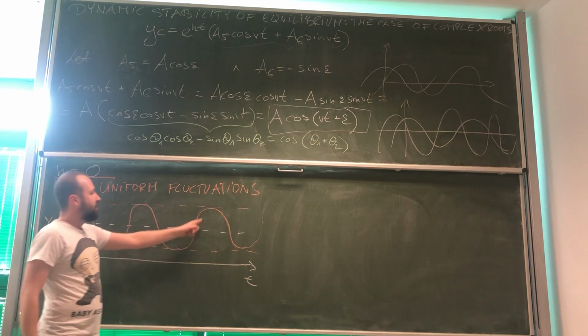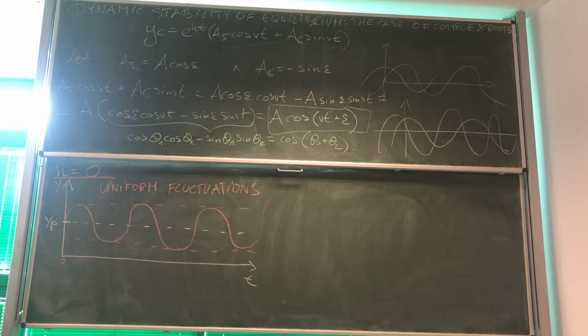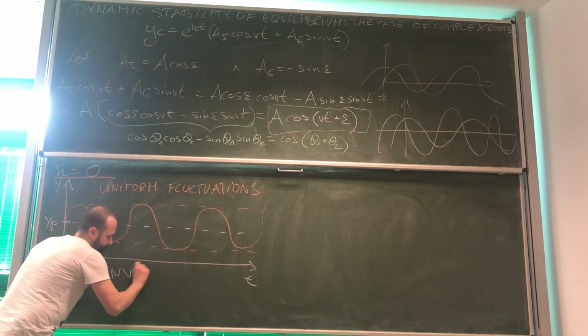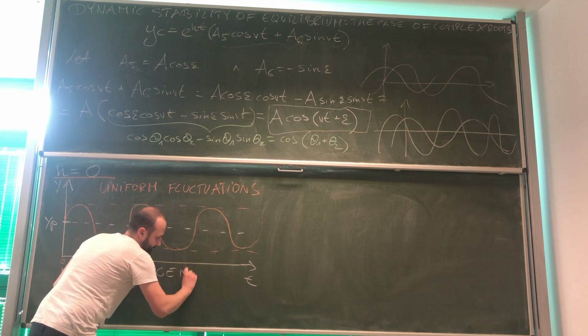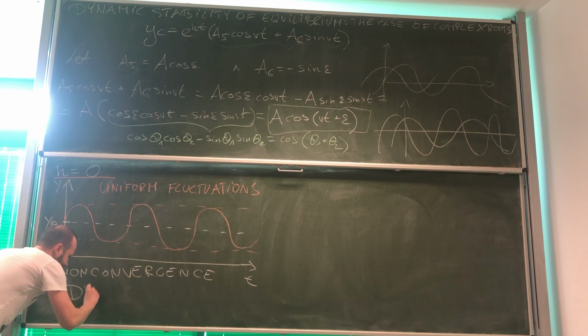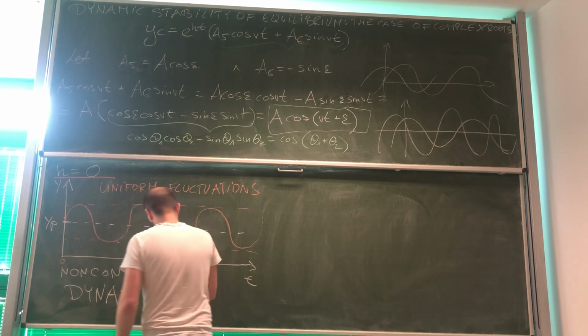It just fluctuates around it. So, in this case, we say we have non-convergence, or dynamic instability.